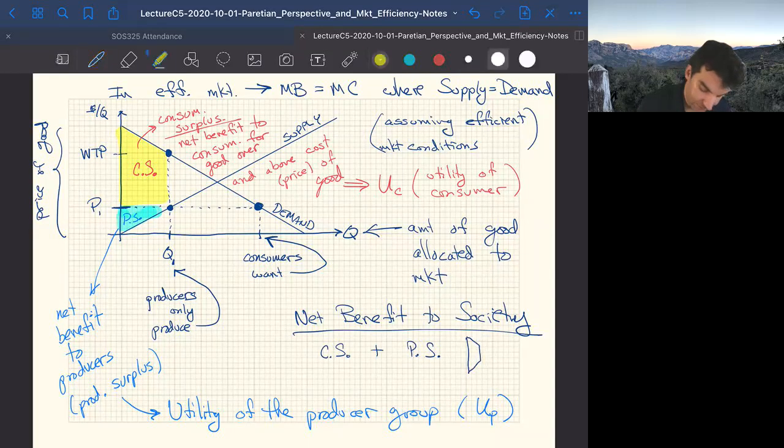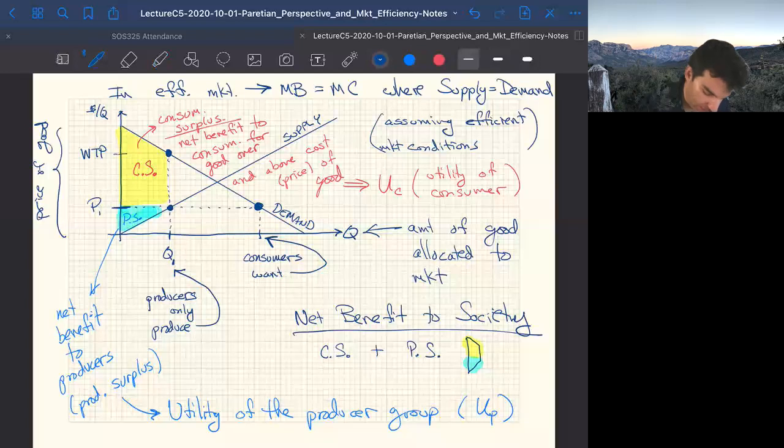If I were to highlight a little bit of this, it's a model of what I've got over there. That trapezoid is the net benefit to society, the consumer surplus plus the producer surplus together.